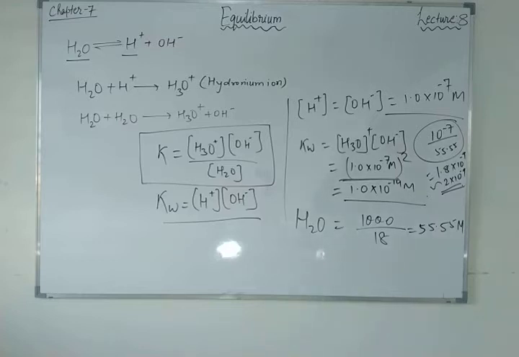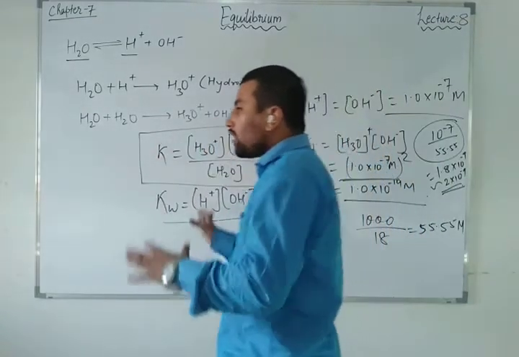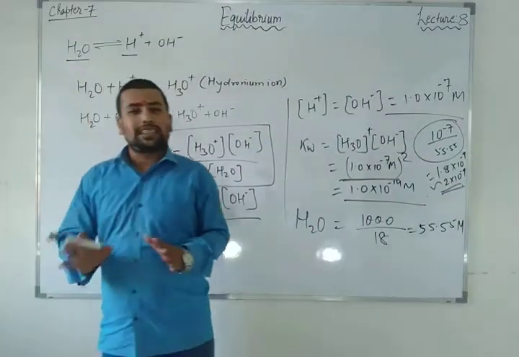It should be noted that activity has no units and is defined as H plus by mole per liter. From the definition of pH, the following should be written like that. First of all, all these things are related to the 10th standard only.